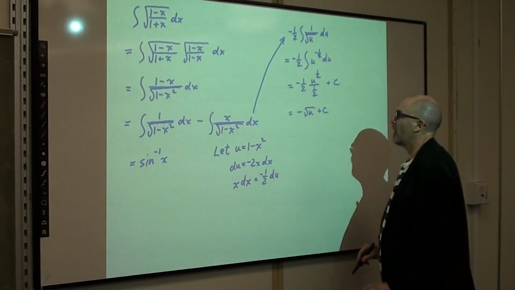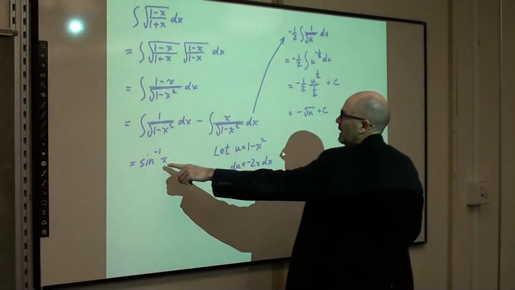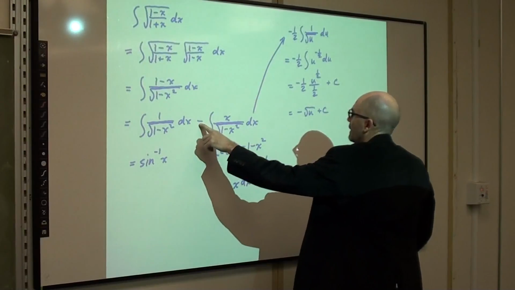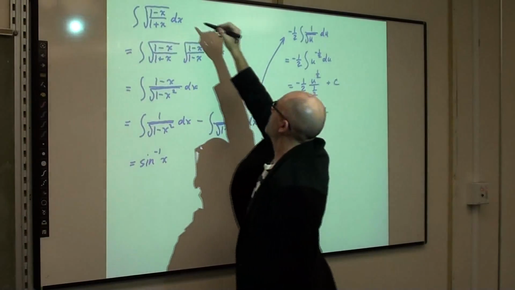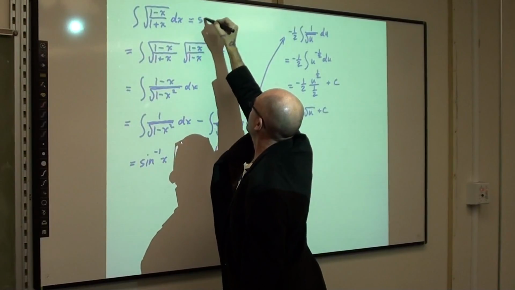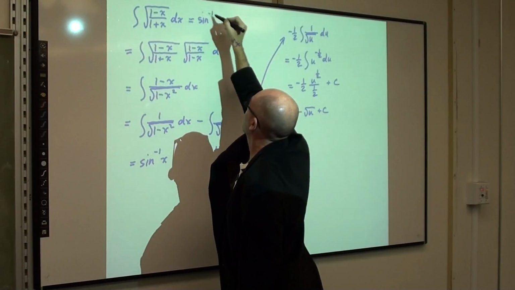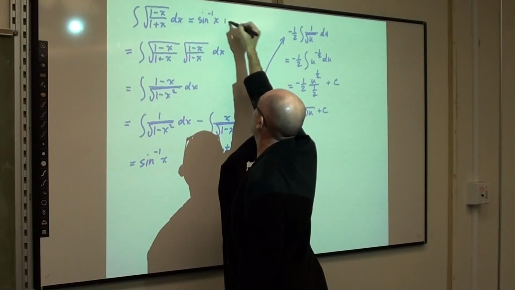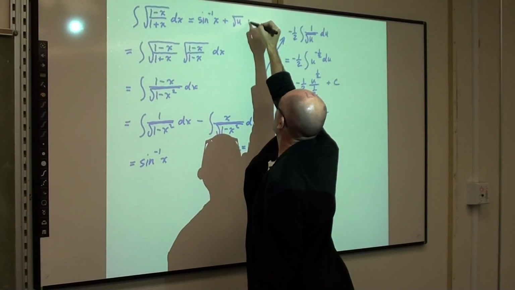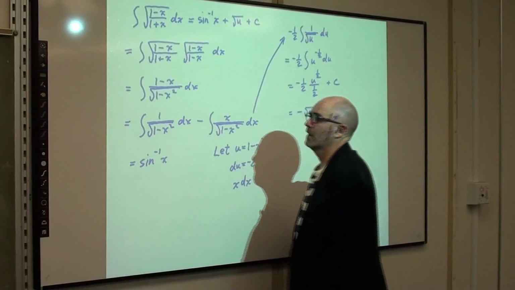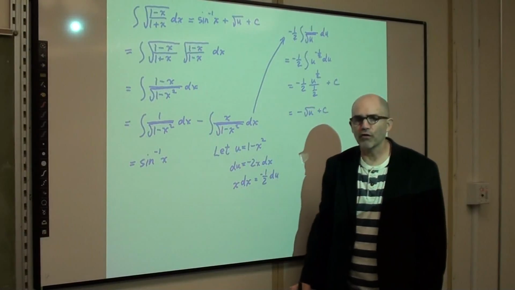So the final answer is inverse sine x minus negative square root of u plus c. So it's going to be inverse sine x plus square root of u plus c. That's it, game over.